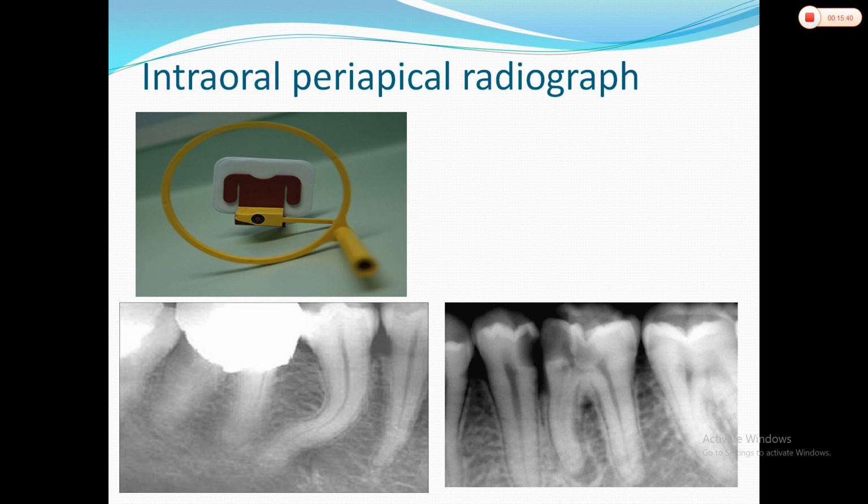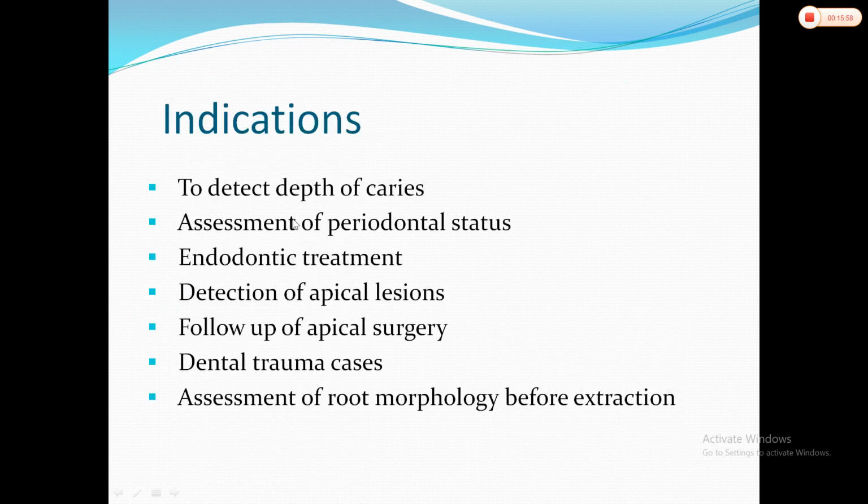This radiograph shows the entire tooth including the periapical area, at least 2 mm of periapical area, hence the name periapical radiograph. Here the film is placed in the film holder. Coming to the indications, they are used to detect the depth of the caries.